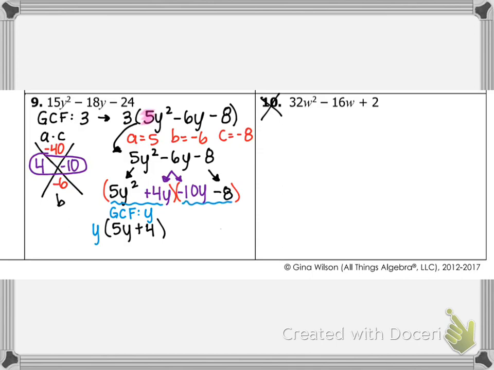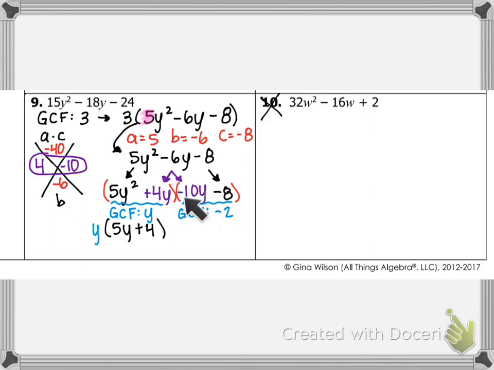Now here's a hint. If you have 2 negatives, we can actually take out a GCF of a -2. Only because they're both negatives, and you see how this is all positive down here? If you took out a 2, that's okay, but you're just going to have to go back and change it to a -2.